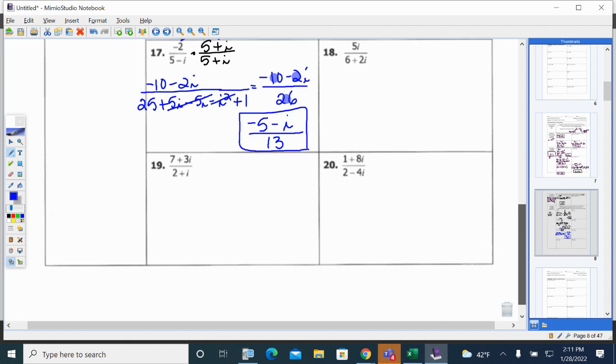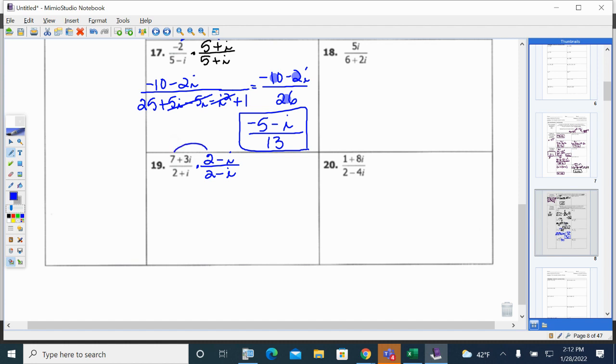I'm going to do one more. Number 19, 7 plus 3i divided by 2 plus i. So the 2 plus i in the denominator is a binomial. So I need to multiply both the top and the bottom by 2 minus i, which is the conjugate. And we're going to be doing FOIL to both the top and the bottom.